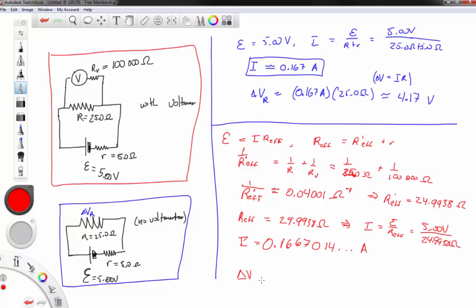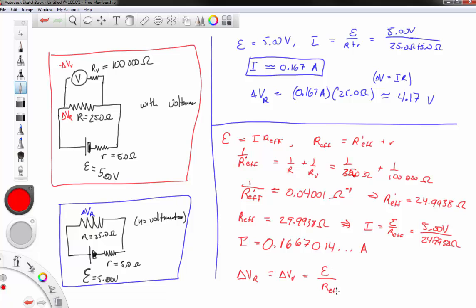And so delta V, which again this is delta V sub R, which is also delta V sub V for the voltmeter, is going to be equal to epsilon divided by the total resistance here times just this resistance.